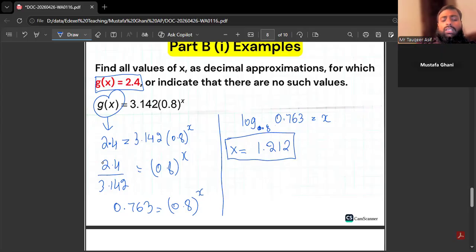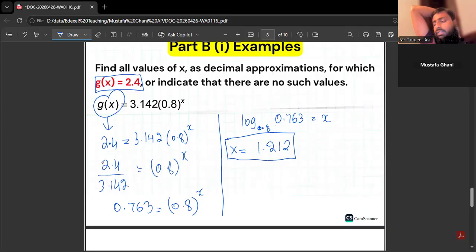But what was the answer of 2.4 divided by 3.142? Could you please do it for this? 0.763.